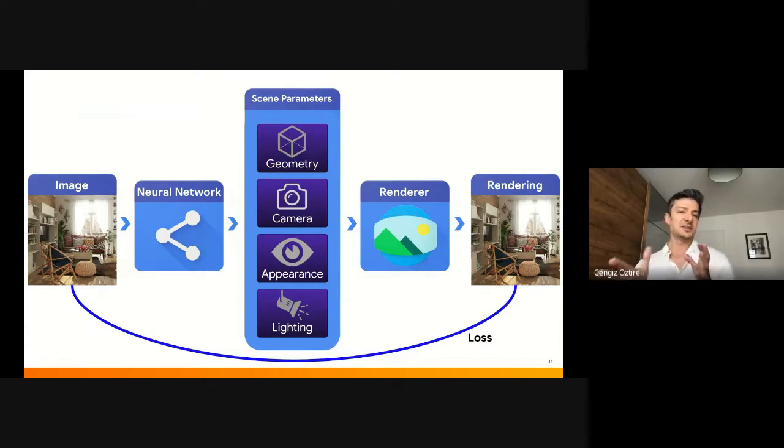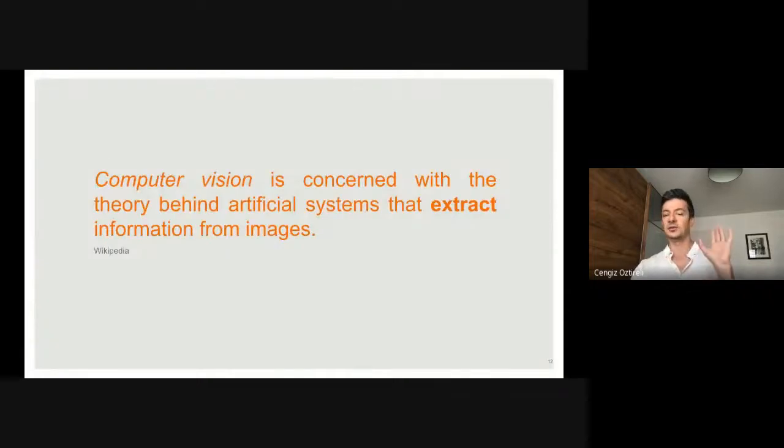And this already brings us to this almost dual field of computer vision. I wanted to also briefly mention what we mean by computer vision, because we will be seeing a lot of computer vision applications throughout the course. Computer vision is concerned with the theory behind artificial systems that extract information from images.